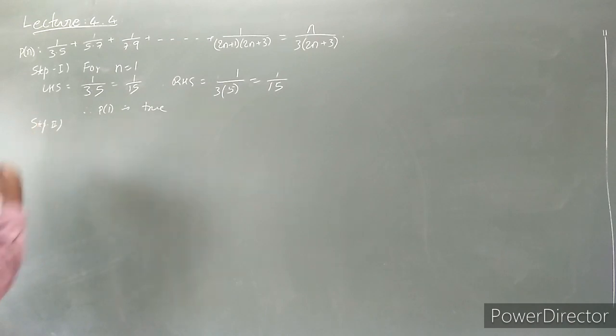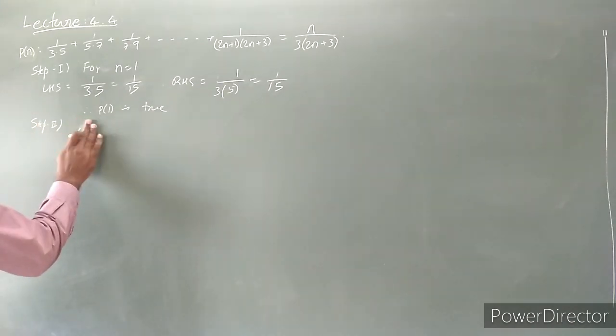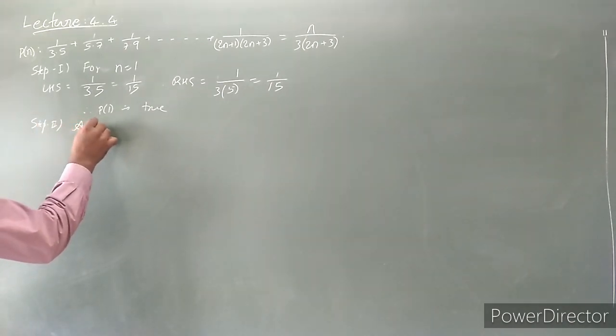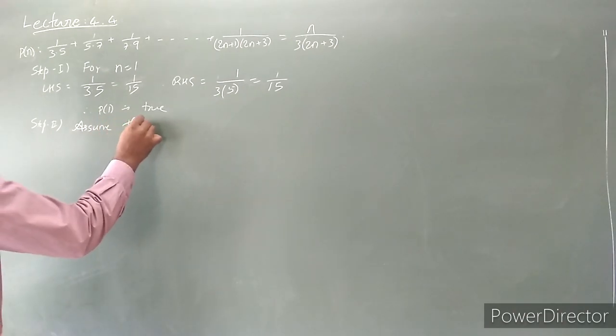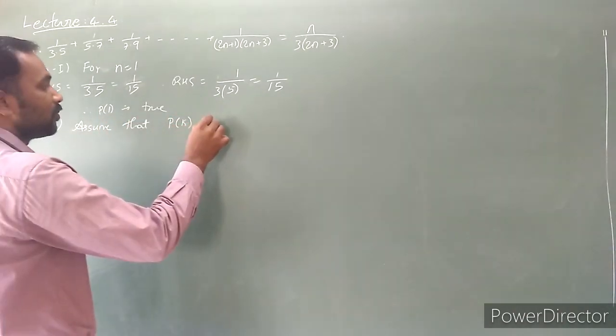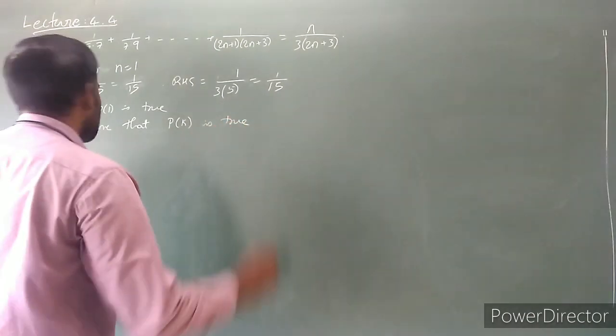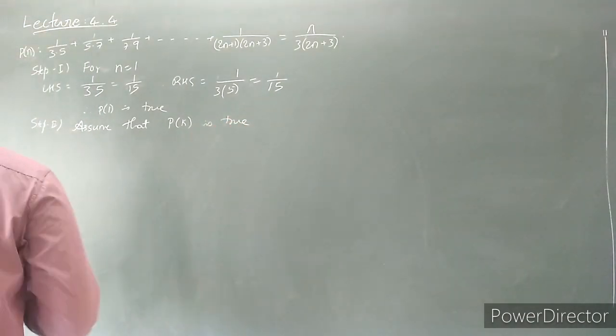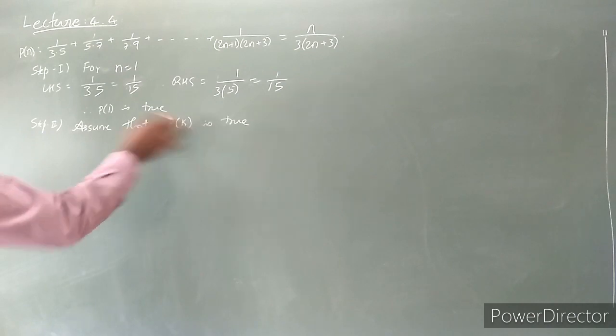Now, step number 2. What is step number 2? We assume that P of k is true.